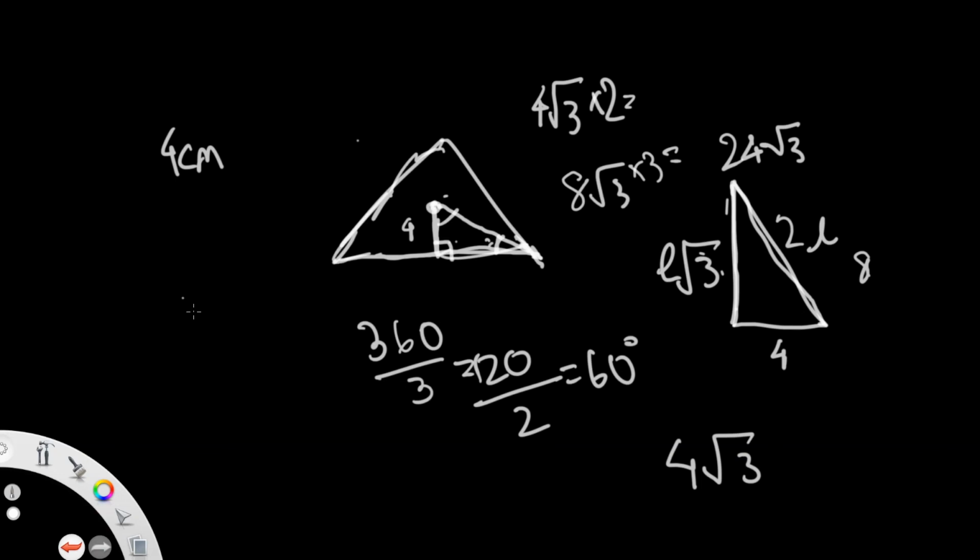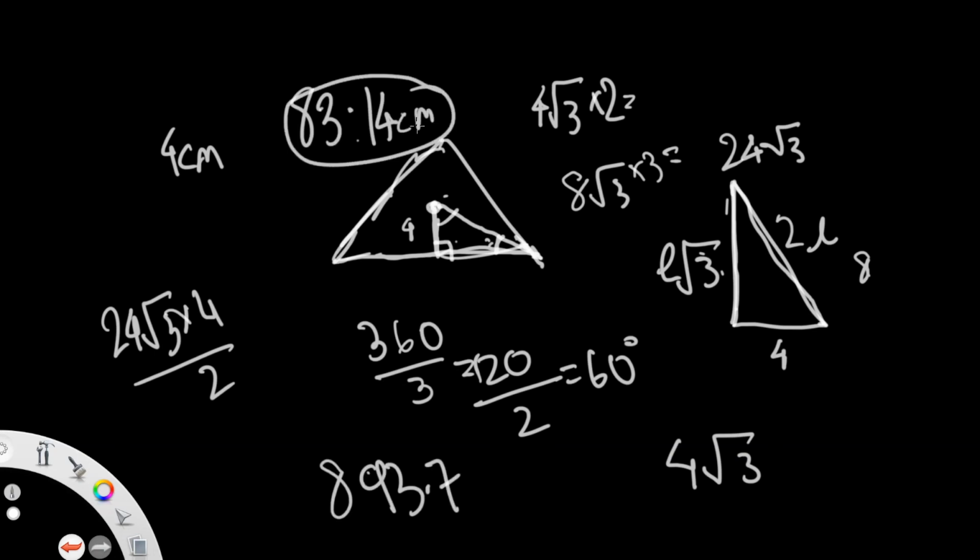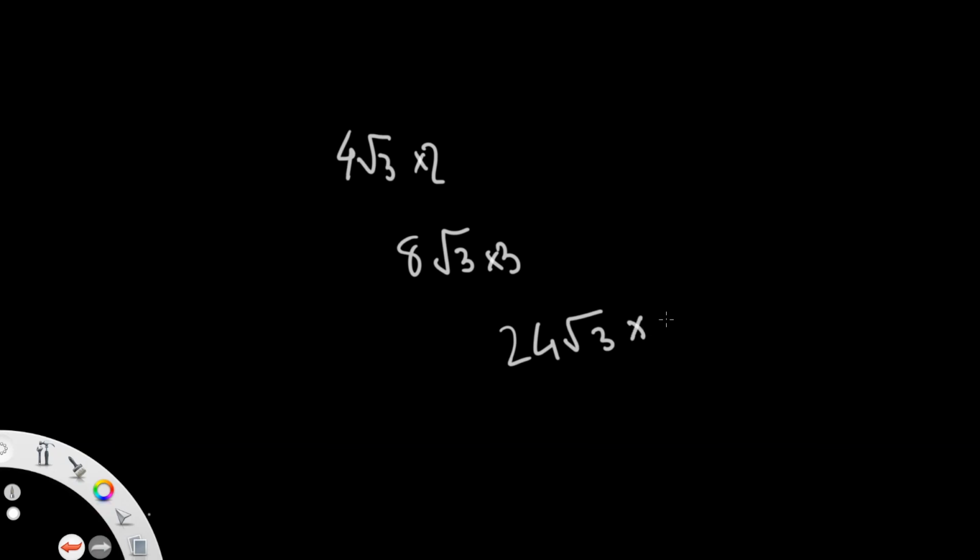And now that we have 24 root 3, we could do 24 root 3 times 4 over 2, which is the area of this equilateral triangle. So all I did there was 4 root 3 times 2, 8 root 3 times 3, 24 root 3 times 4, and then all of this over 2, which is approximately 83.14.